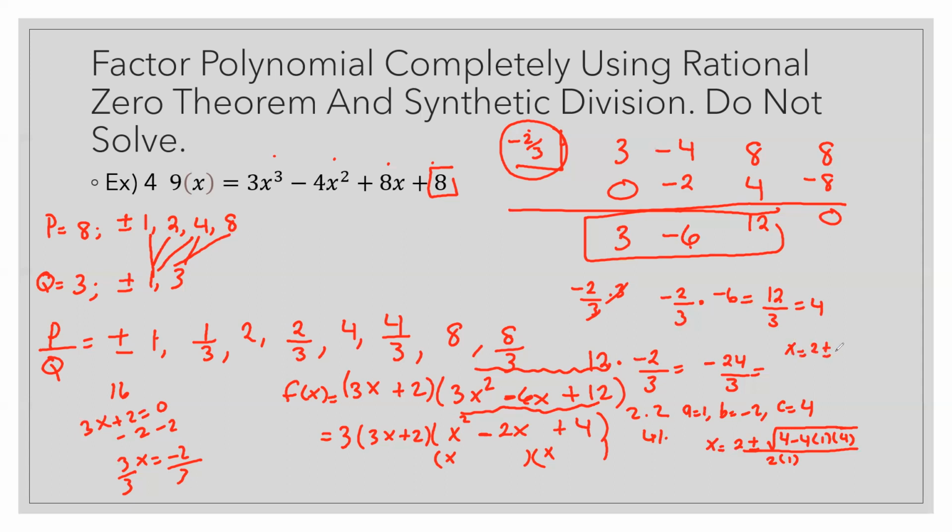So 2 plus or minus the root of negative 4 times positive 4, which is negative 16. This is definitely imaginary, right? Because 4 minus 16 is going to give you a negative number, and that's dealing with imaginary. So that is prime, we'll just leave it as that. This is the most factored it can be.